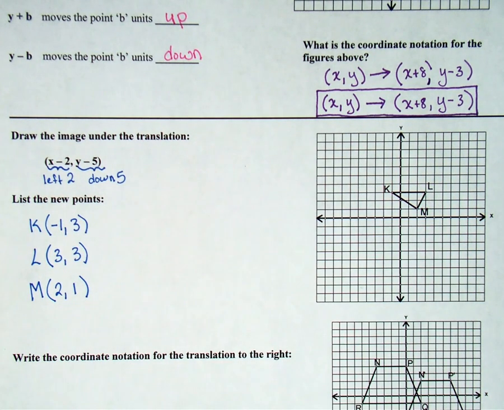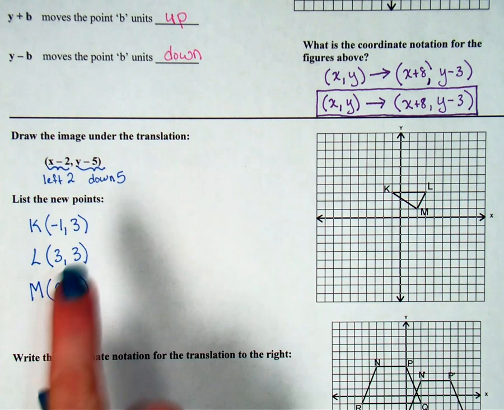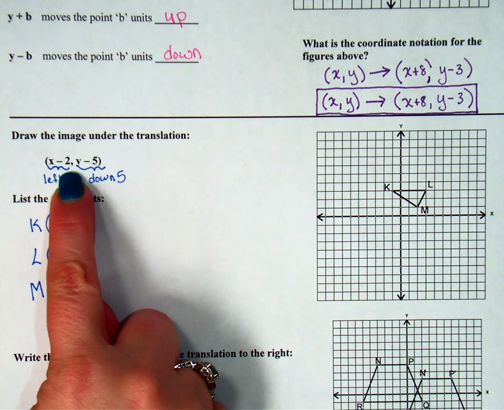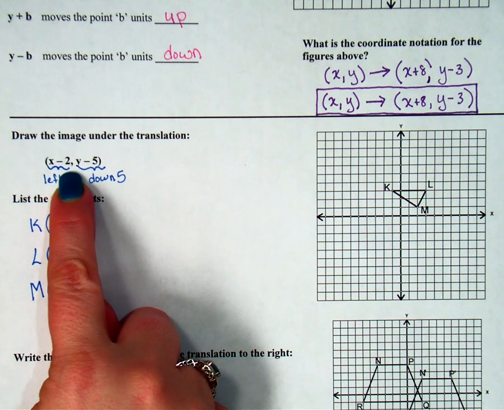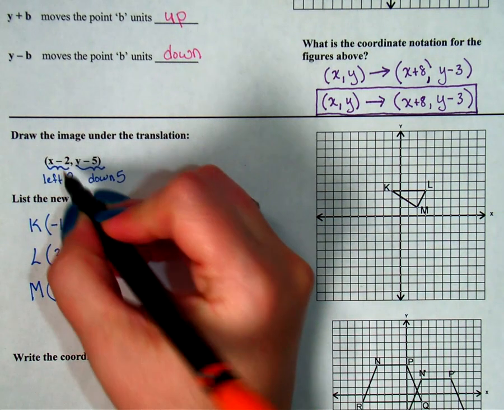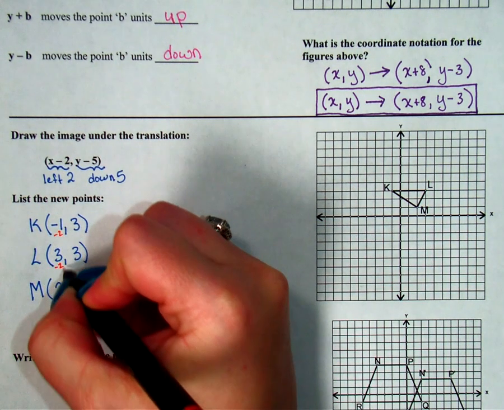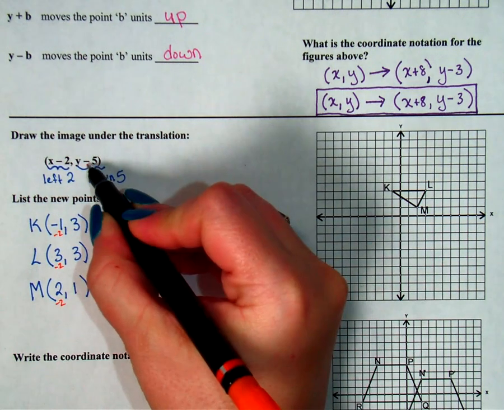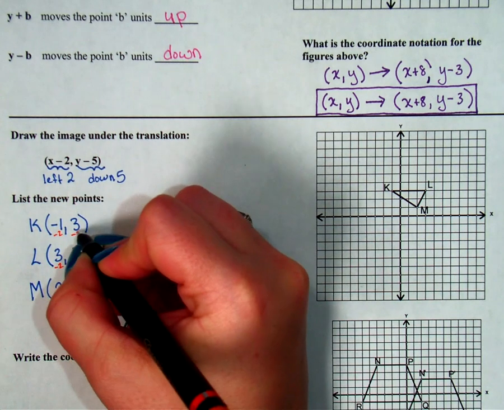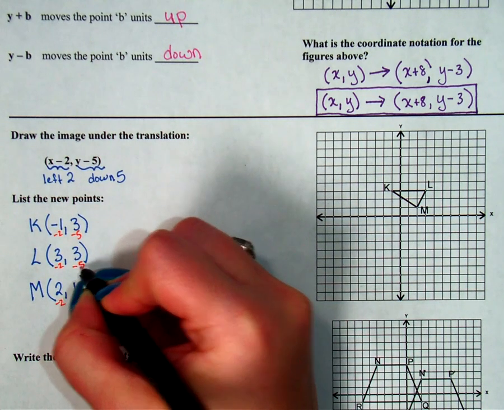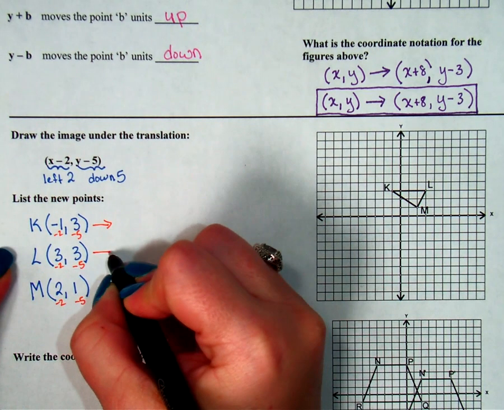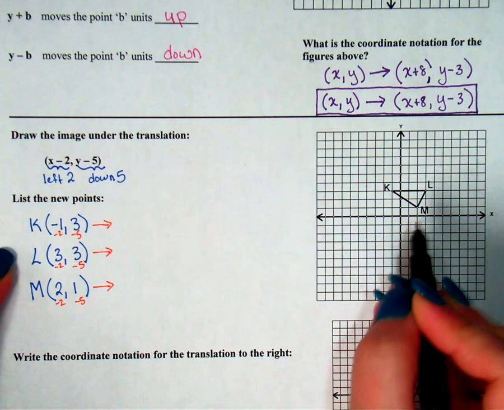So when I want to figure out where my new points are going to be, I have one of 2 ways to do it. If I just know my points and I have my coordinate notation, then I'm going to subtract 2 from my x values, and I'm going to subtract 5 from my y values. And that is going to get me to my image.